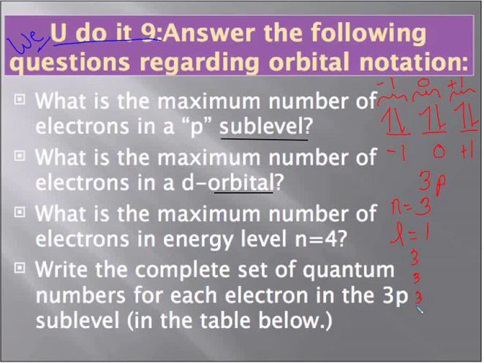Okay, so on your table you should have 3, 3, 3, 3, 3, 3. And then we would have 1, 1, 1, 1, 1, 1, because L's the same. Now for m sub L, we're going to have -1, but how many electrons can have m sub L -1? We have 2 electrons. So 2 of the electrons have -1, 2 of the electrons are 0, and 2 of the electrons have +1.